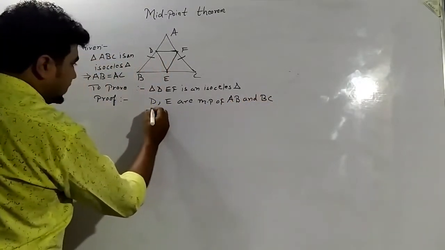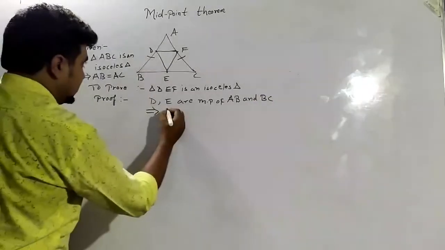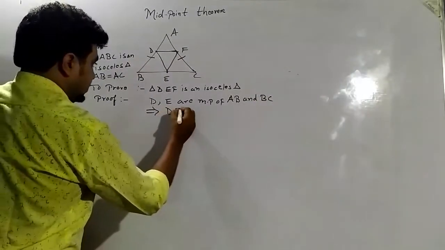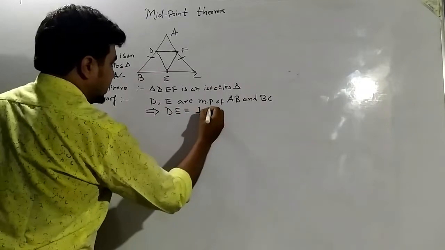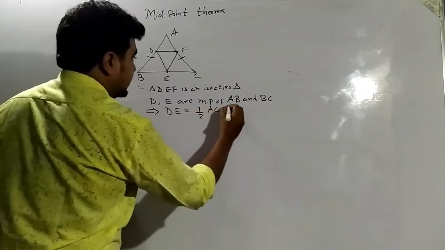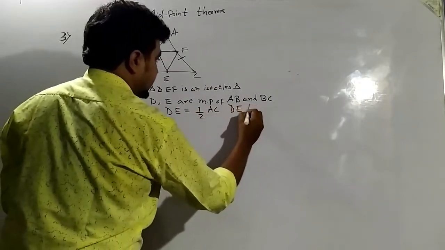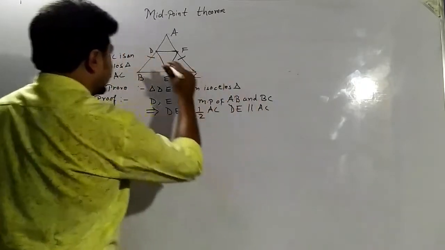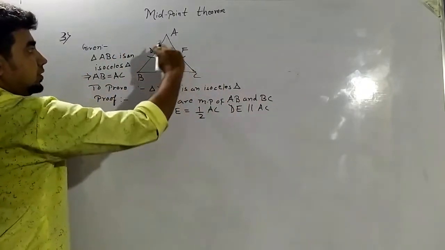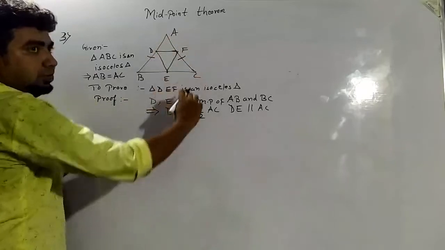So from here we can get by the midpoint theorem that DE will be half of AC and DE will be parallel to AC. As the statement says, the line joining D and E will be parallel to AC and DE will be half of AC.